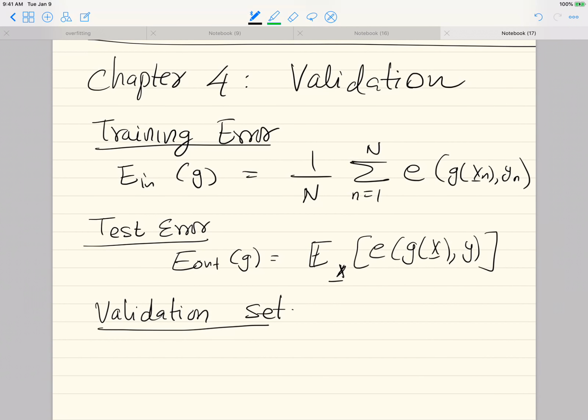The idea in the validation set is basically what you have been doing in the assignments. If you have n samples, you don't use all of them for training. You split the input data set into two parts. Some of them are used for training and the others are not used for training. They are used to provide an estimate of the test error. This is the validation set.